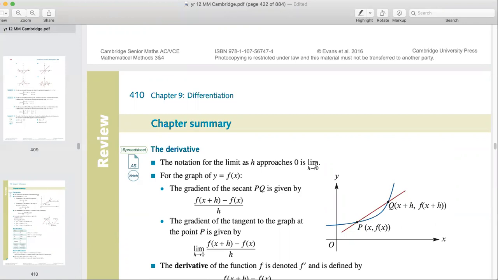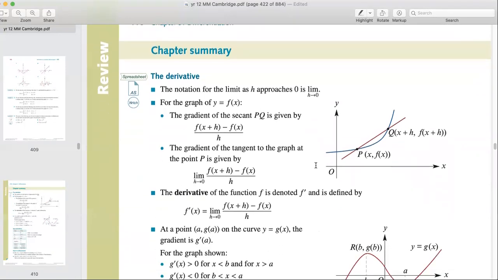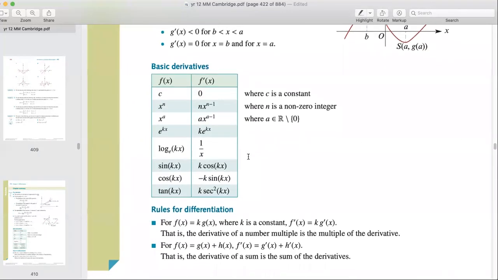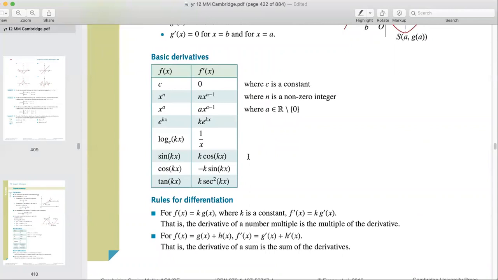They become one point. Okay, and with this derivative equation, which we call first principles, we can get a lot of other derivatives, or maybe we should call them the basic derivatives. This one is important and builds our foundation for later analysis and studies.